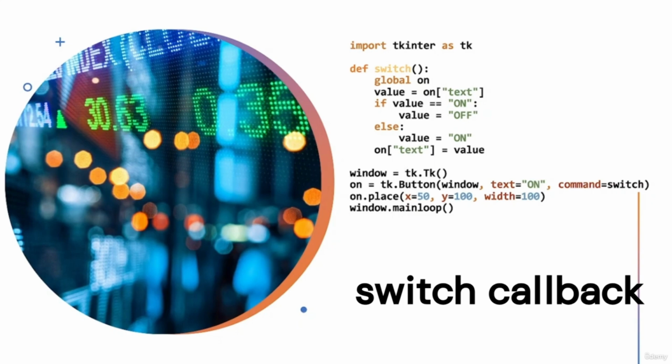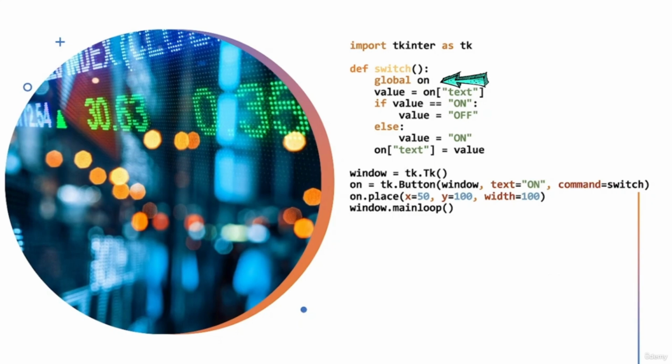Now, as you can see, we placed the global keyword so we can make changes to our button object inside the function. We will access the value of the text property and assign it to our variable. Use the if statement to check if it equals a string of on, and if it does, we will assign a string of off to our variable.